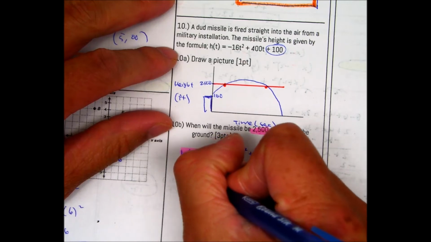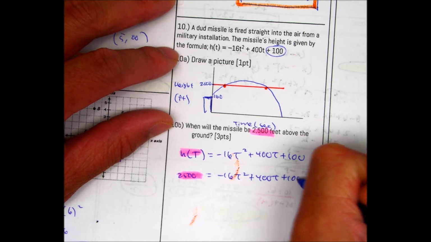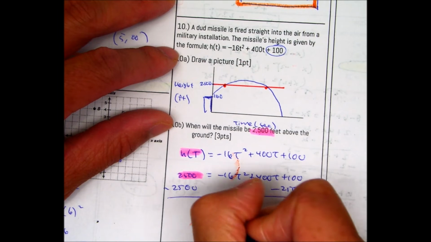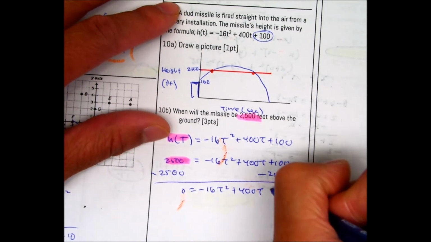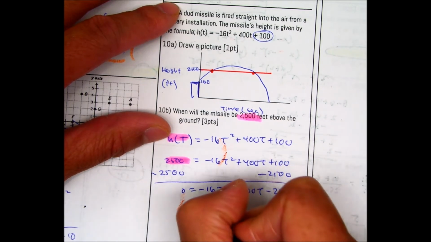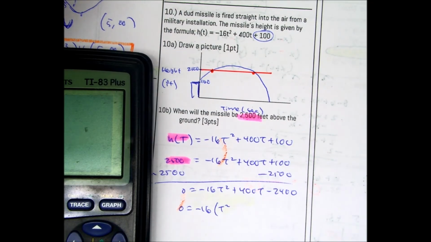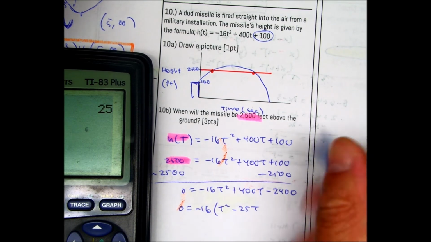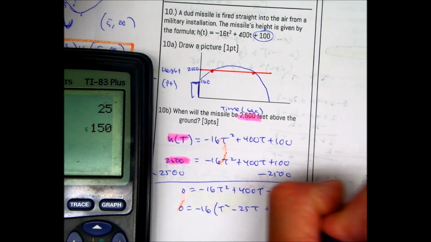So 2500 equals negative 16t squared plus 400t plus 100. Subtract 2500. I have 0 equals negative 16t squared plus 400t minus 2400. Factor out negative 16, so I'm going to get t squared minus 25t plus 150.